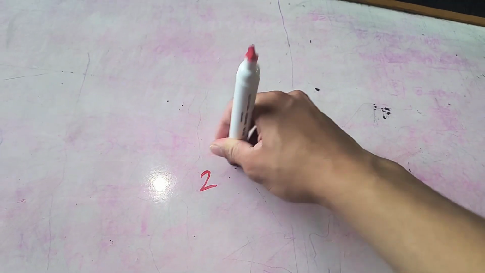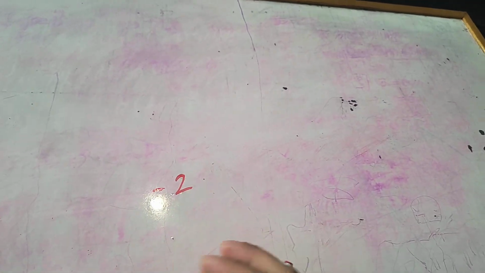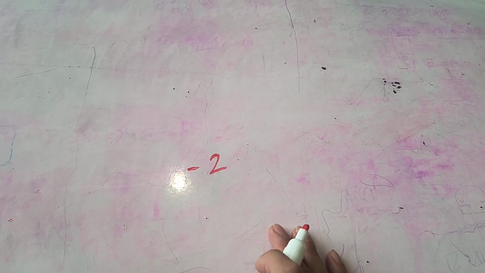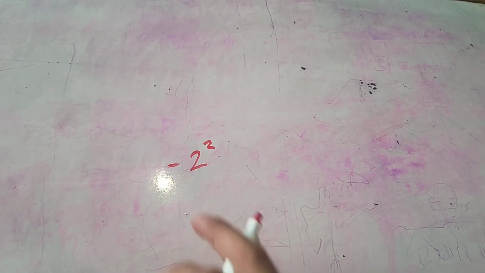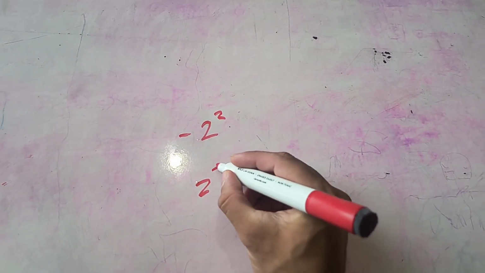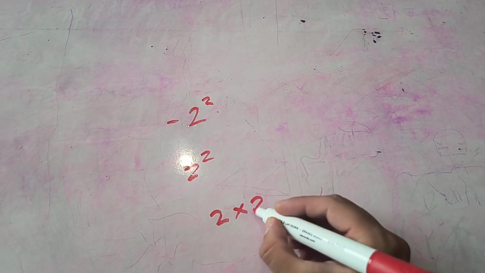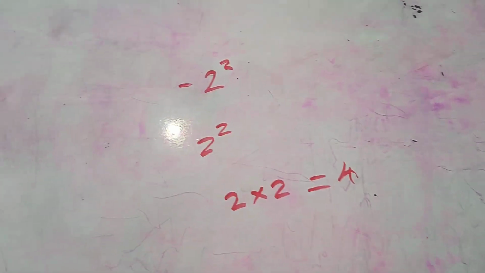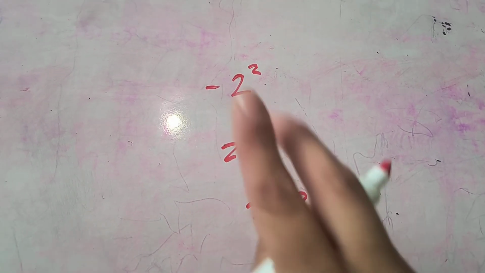Okay, but let's apply this to a negative number. Let's first say, what is negative 2 to the power of 2, let's say. Well, we know that 2 to the power of 2 is just the same thing as saying 2 times 2, right? And that is equal to 4, because you're just multiplying the number against itself twice.